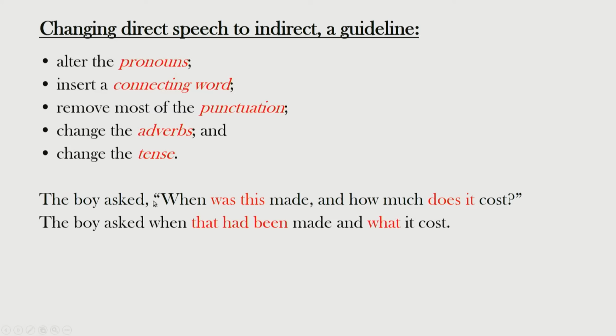You don't need to insert a connecting word in this case. When this becomes that, was, past tense, becomes past perfect tense, had been made, and how much does it cost becomes what it cost. Okay. Please note, all the punctuation has gone except for the capital letter and the full stop.